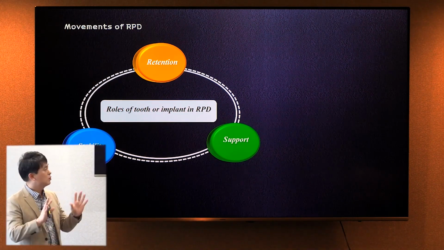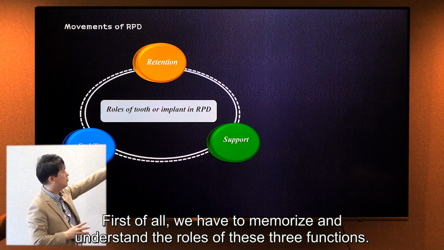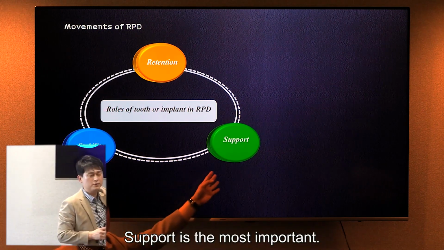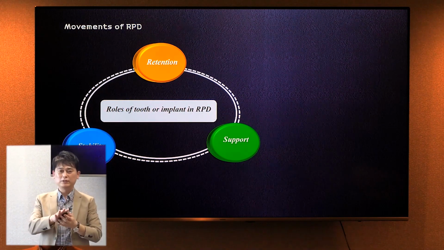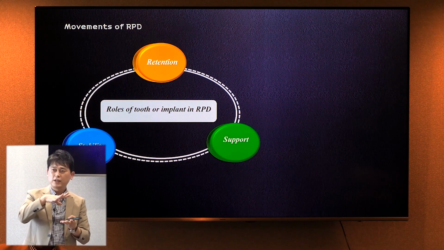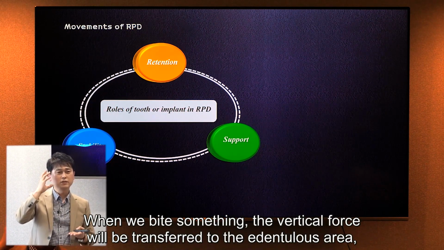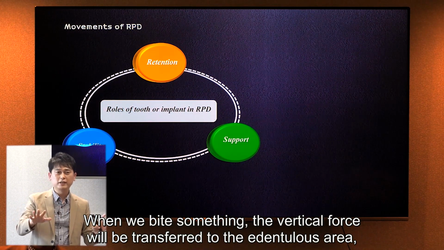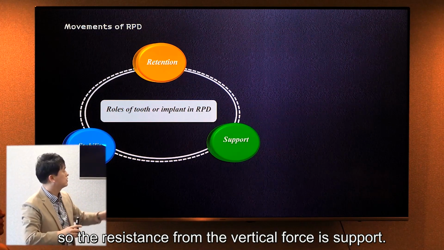First of all, we have to memorize and understand the role of these three functions. The first is support. Support is most important. What is support? It is the resistance from the vertical force. When we bite something, the vertical force is transferred to the edentulous area, so the resistance from the vertical force is the support.